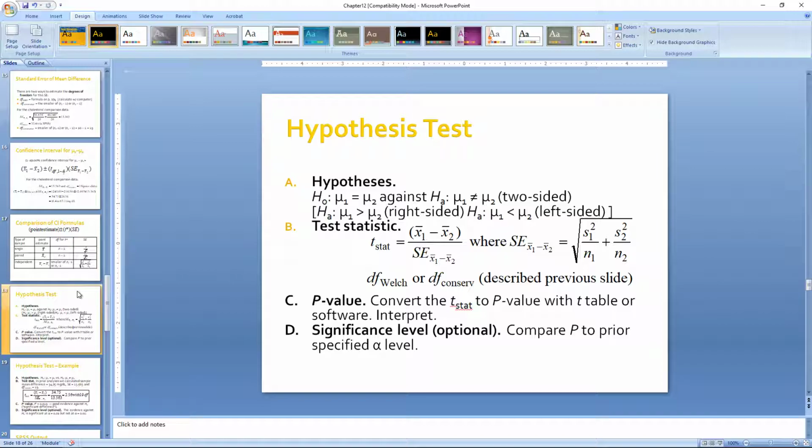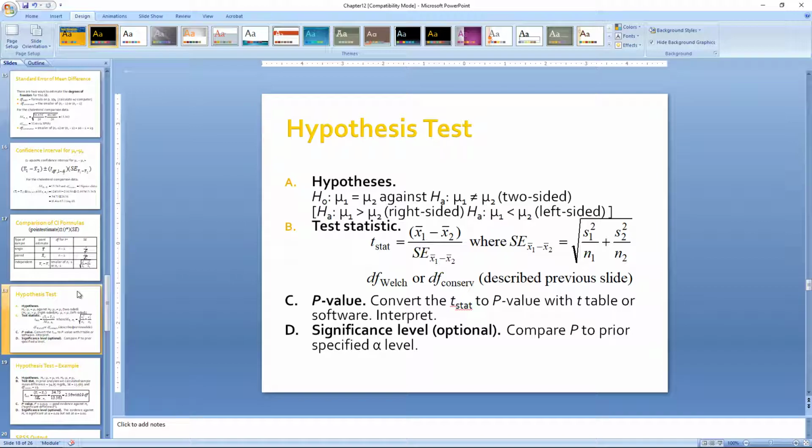We'll be figuring out our t-statistic: x bar 1 minus x bar 2 over the standard error of the difference between x bar 1 and x bar 2, where our standard error is calculated by the square root of the variance of group 1 over n1 plus the variance of group 2 over n2.